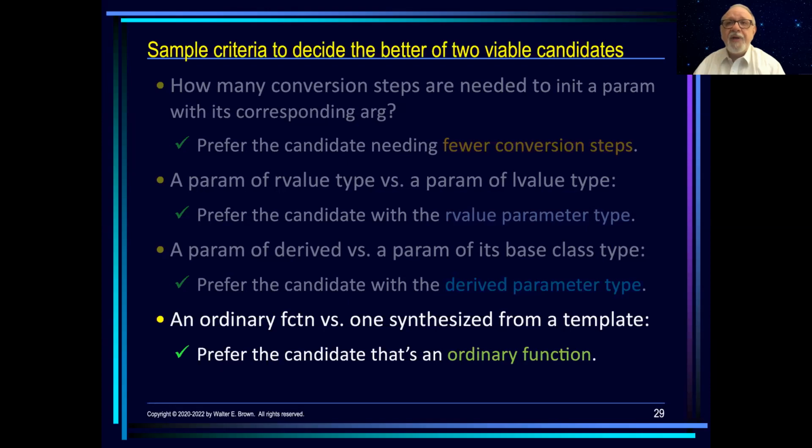And after considering all the pairwise candidates, it's going to try and end up with a single viable candidate that it considers best. If it can't, if there are none, or if there's more than one, we have an ill-formed program.